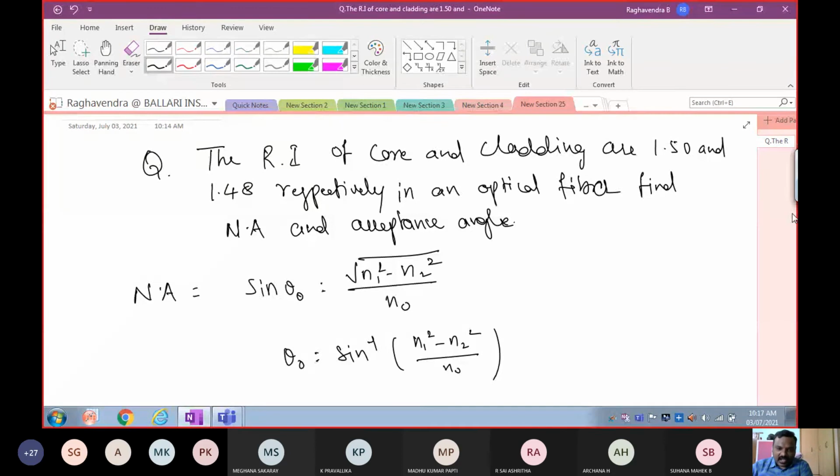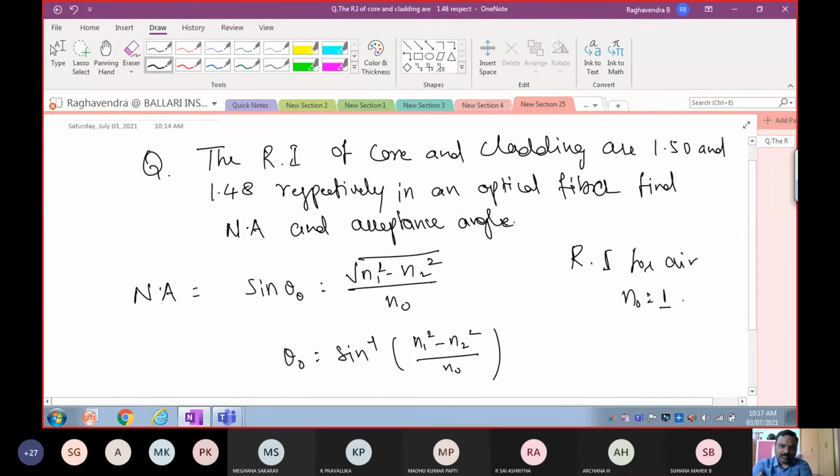So therefore the refractive index for air, n naught, is equal to 1. Understood? Yes. Okay. If he has not given n naught in the problem, you assume that the surrounding medium is air, and you take n naught equal to 1. Now you do it.